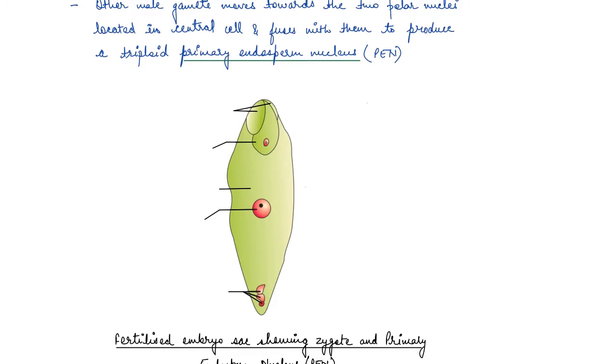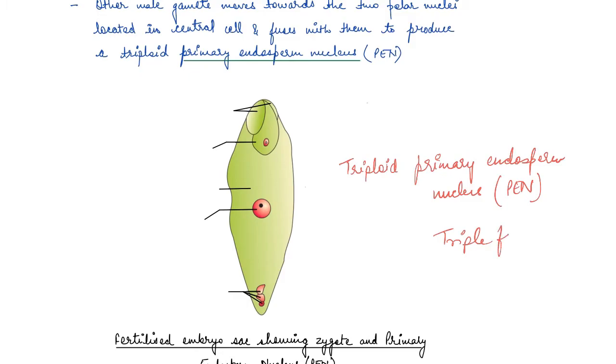And then one male gamete fuses with them to form a triploid primary endosperm nucleus, which is also known as PEN. This involves fusion of three haploid nuclei, and that is why it is known as triple fusion.